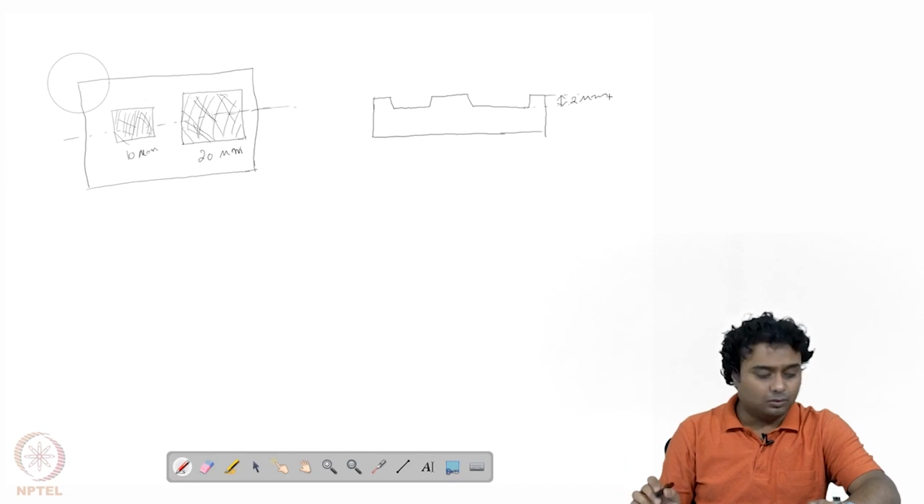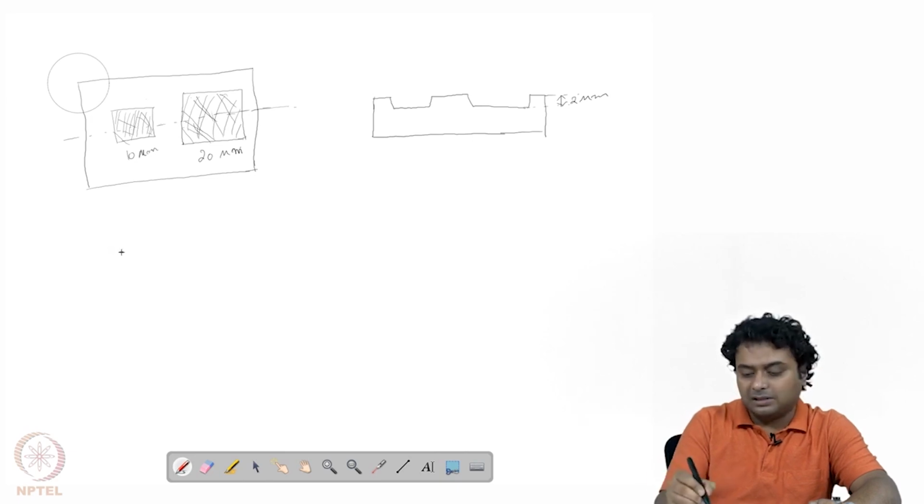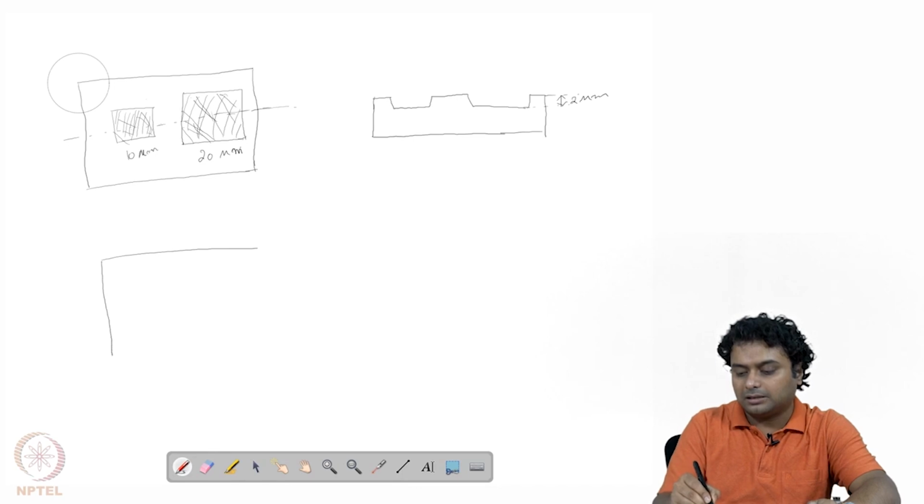Now what we will do, we always start with a simple silicon wafer. How does a simple silicon wafer look? Let's say this is our sample.